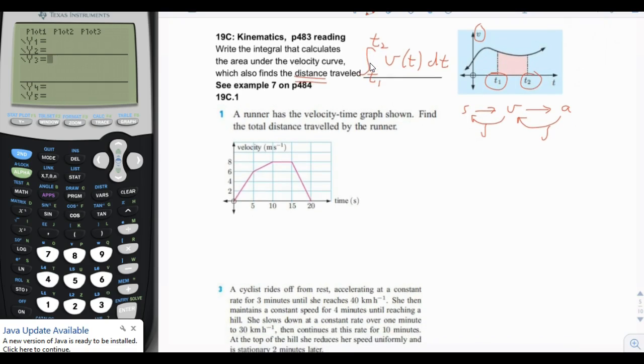So the total distance run is just going to be this area that's underneath the curve. And since this area is conveniently drawn with a bunch of triangles and trapezoids and squares or rectangles, we can actually figure it out exactly. So for example, this region here is all rectangles. So in here we have 7 rectangles.